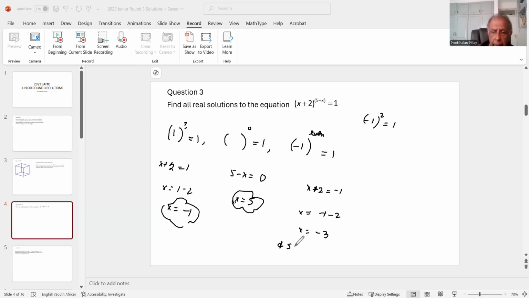And 5 minus x, that's your index in this case, is 5 minus negative 3, that's 8, and that's even. All right, so in other words, x equals negative 3 is also a solution because it gives you the base negative 1 and an even power. So there are 3 possible solutions, negative 1, 5, and negative 3.